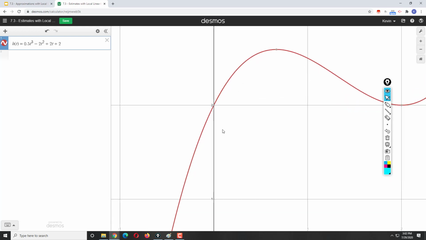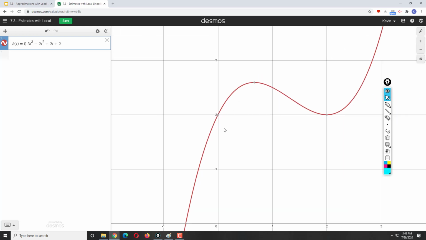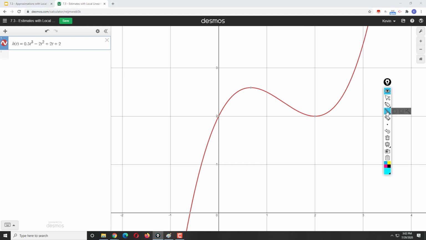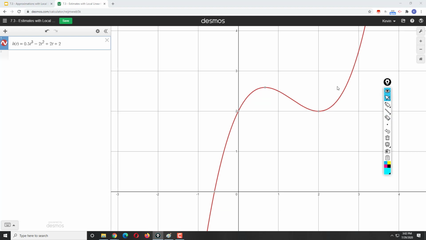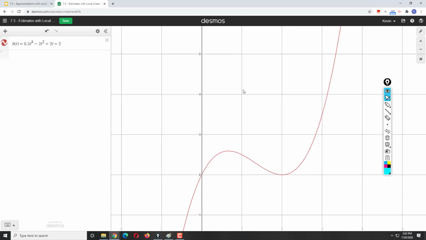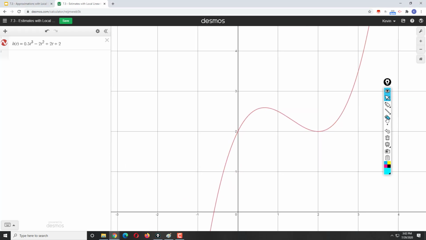Well, it's a curve, right? But we can draw a tangent line. The tangent line is a straight line that passes through our point like this. So here's an example of a tangent line. Our tangent line must look like this.